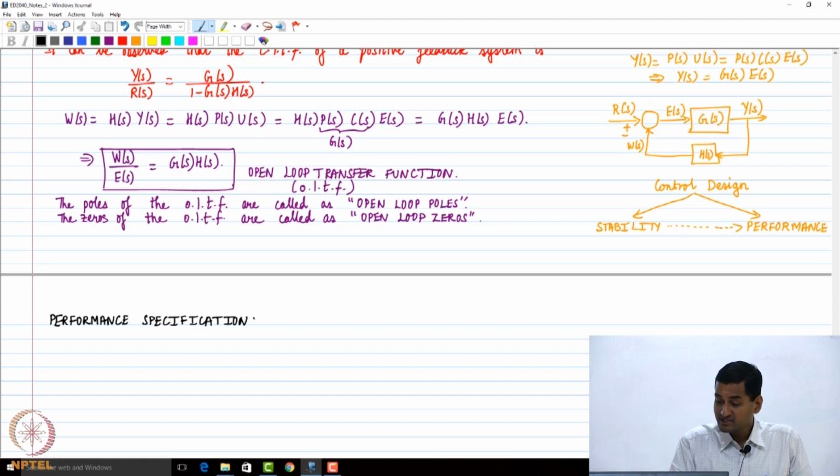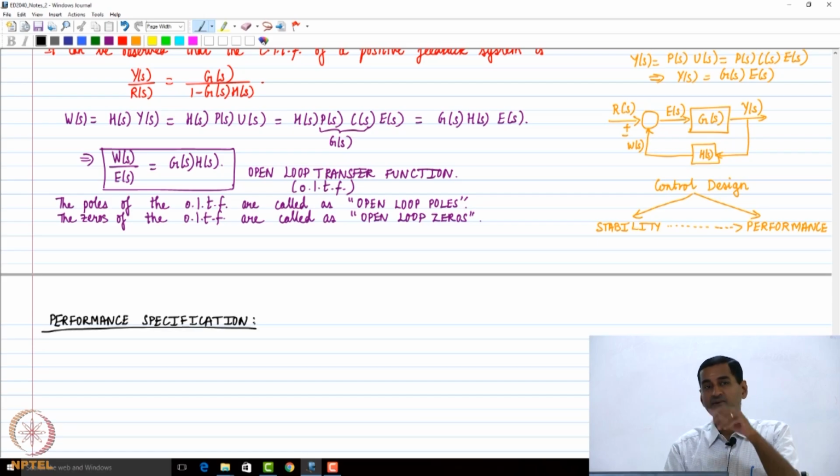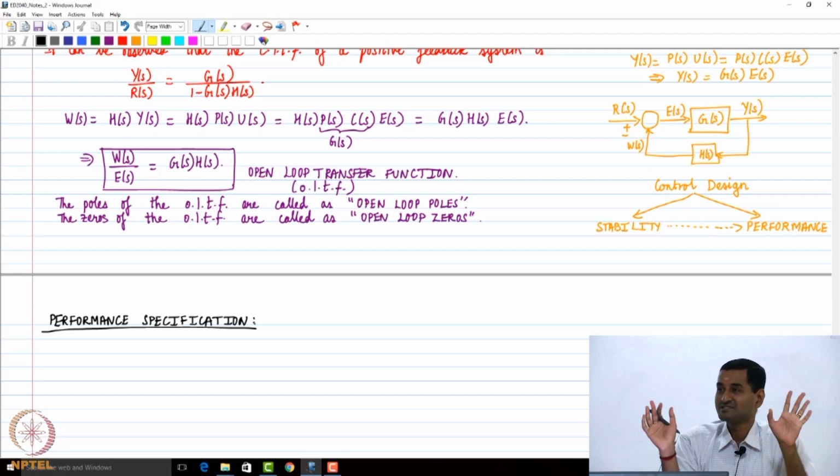So now the question is, let us say there are 60 of us in this room, right? And let's say we want to develop a controller for regulating the temperature of air in this room, right? Now, let's say all 60 of us design stable controllers.